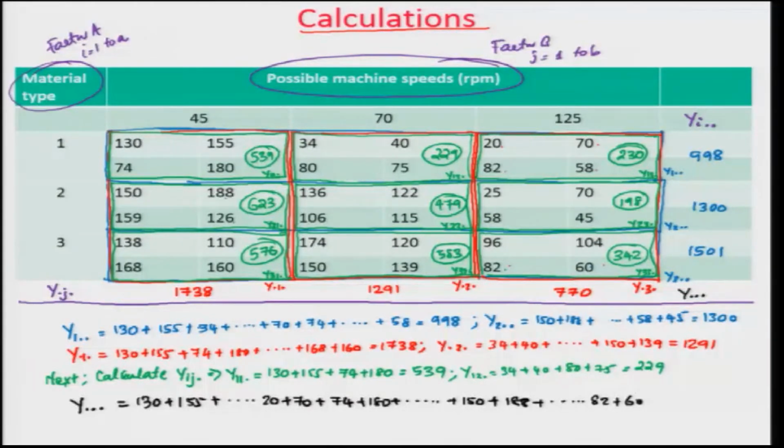You sum all these 36 values together, and that y dot dot dot comes to 3799.